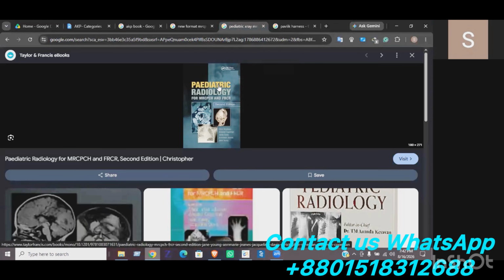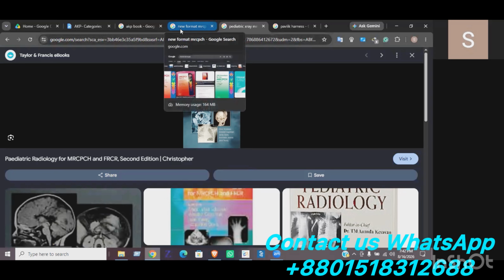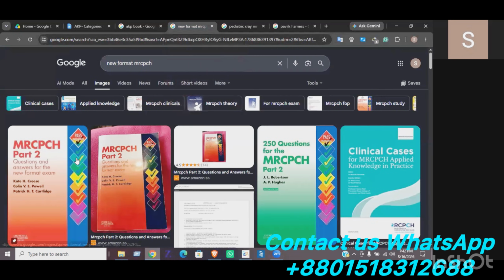This book is important for the MRCPCS Part 2 exam. Mainly it covers X-ray and investigations: X-ray, ultrasound, CT scan. This is a good book. That is another book: MRCPCS Part 2 questions and answers for the new format.